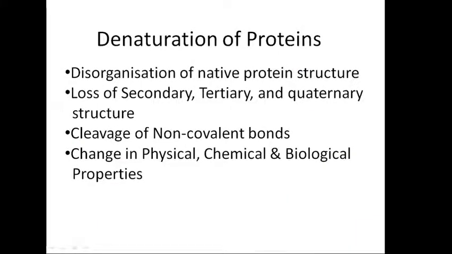There is another concept, what you call the denaturation of the proteins. The proteins can be denatured by agents such as heat or ammonia, which brings about the unfolding of the polypeptide chain.